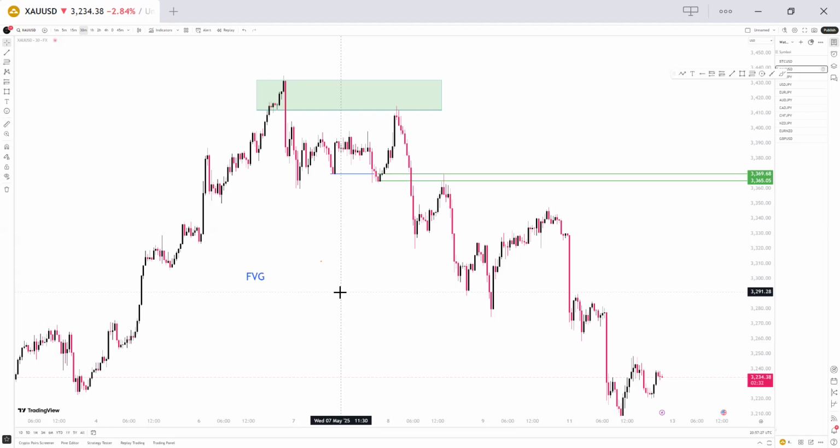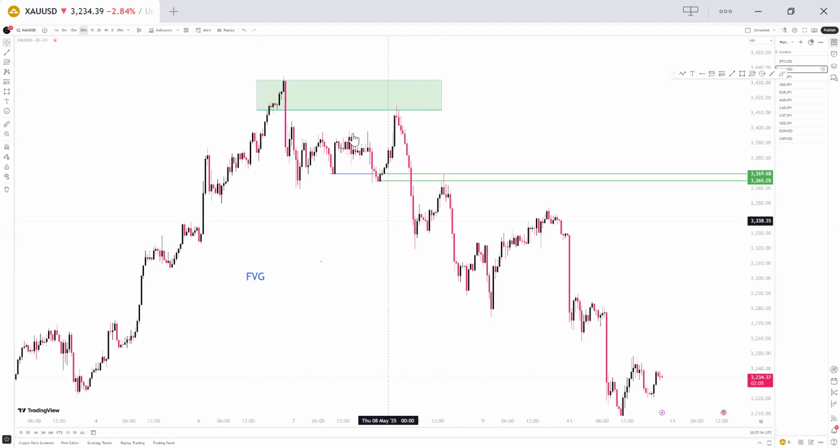Let's say in a moving market, the market was moving aggressively. This one that I mark up here is an FVG. Like this one that is happening now, it is moving aggressively.